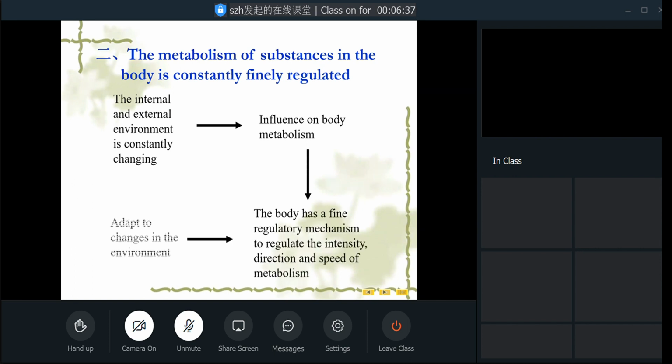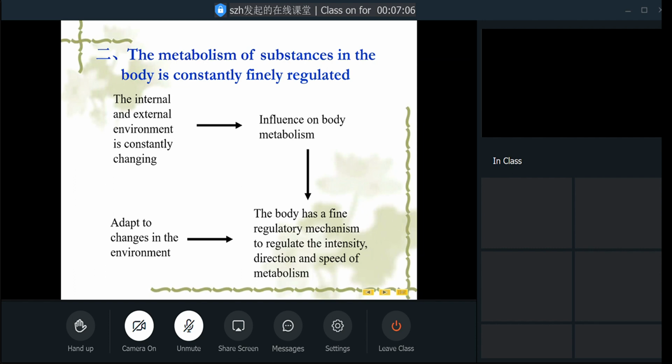So the body has fine regulatory mechanisms to regulate the intensity, direction, and speed, and finally make the organisms adapt to changes in the environment. So this is very nice for adapting to the environment.